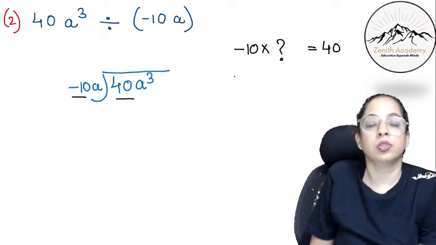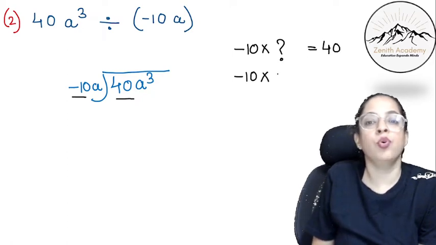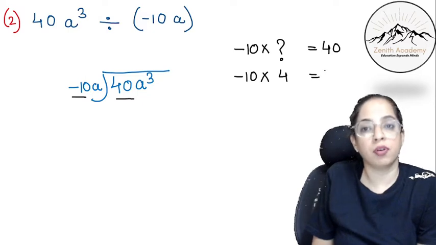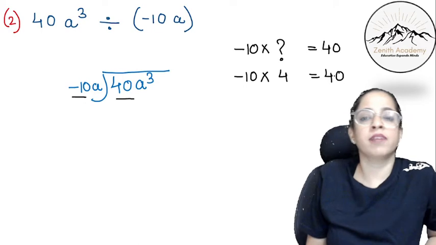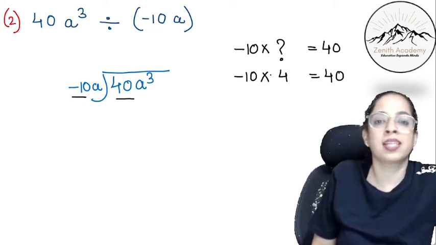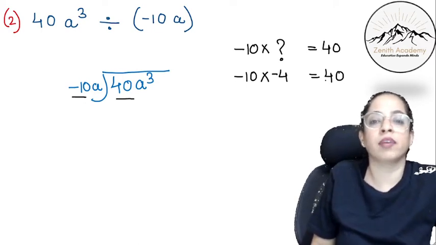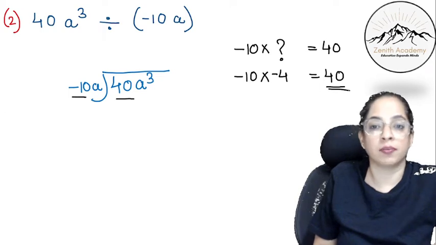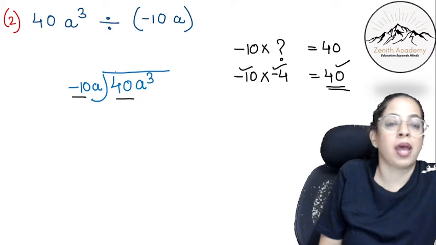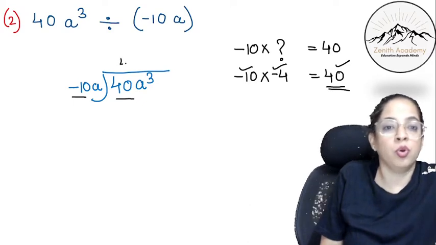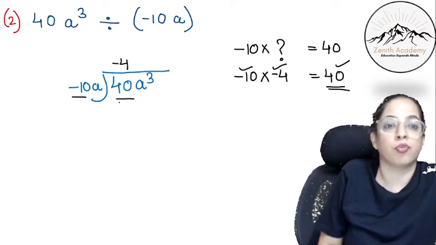Minus 10 into 4 will give you 40. Is it? No, minus 10 into minus 4 will give you positive 40. Right? Minus into minus becomes positive.